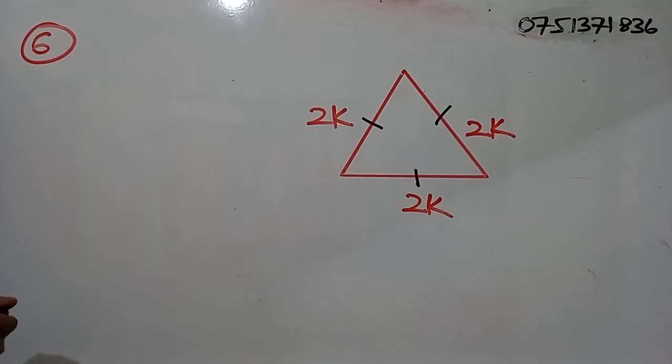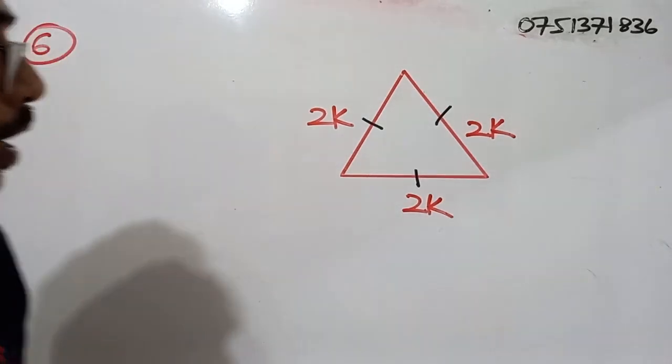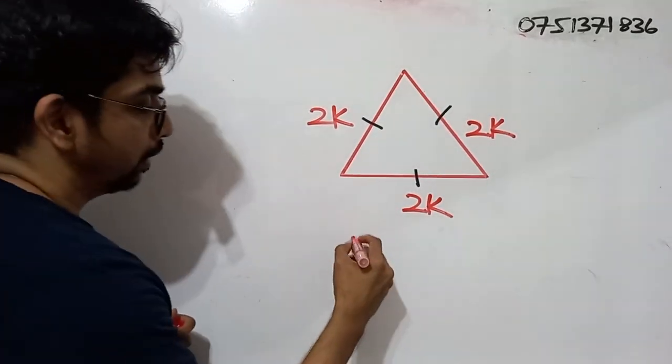Question number 6. The perimeter of an equilateral triangle is 624 centimeters. And also we have been given the height of the triangle, which is k square root 3 centimeters. Where k is a constant. What is the value of k? So here we know the perimeter, right?